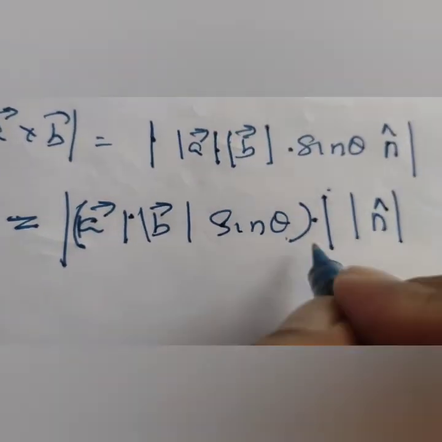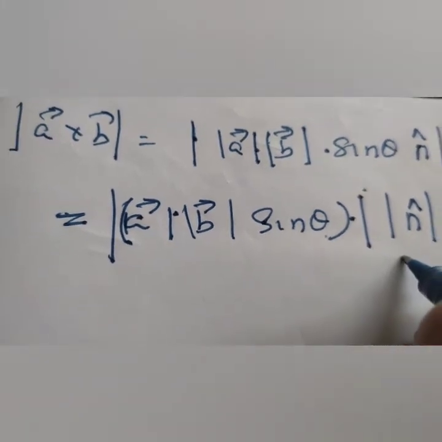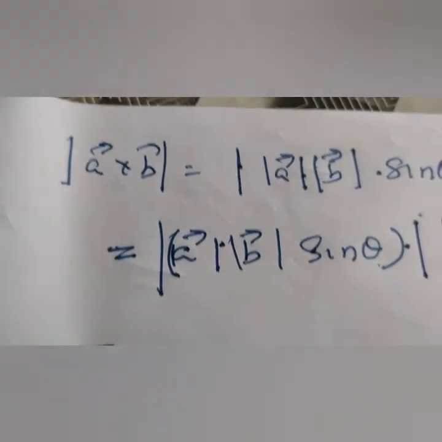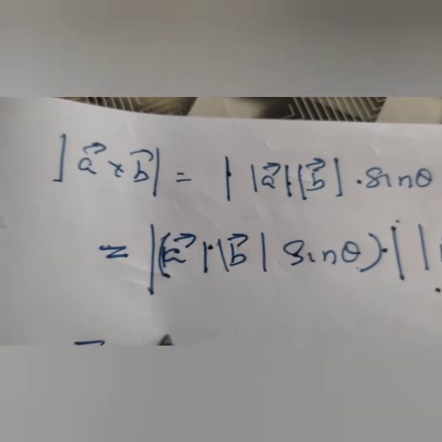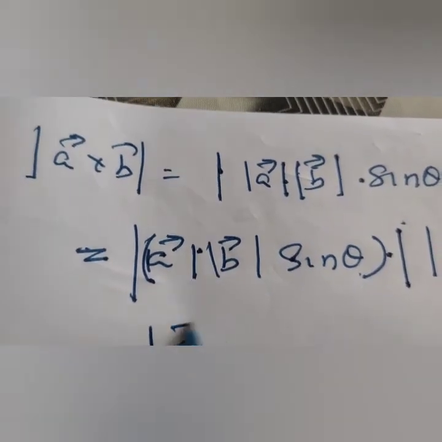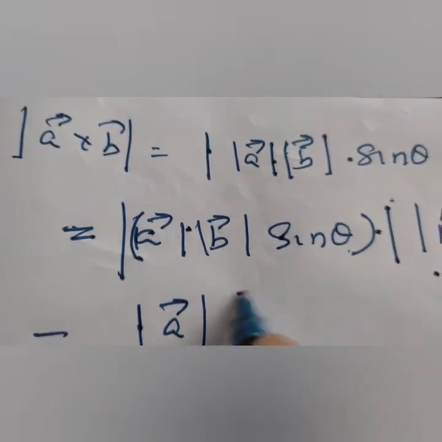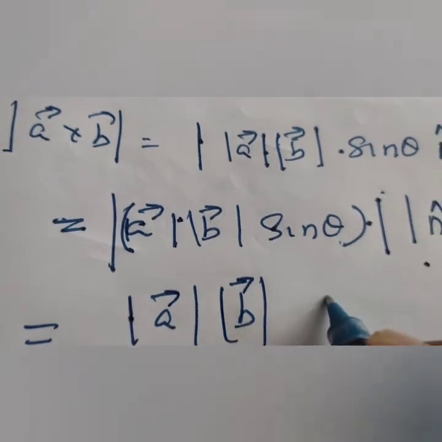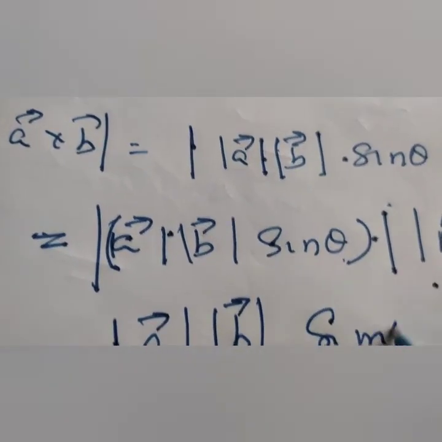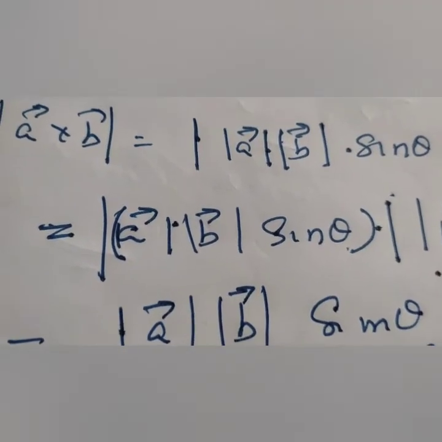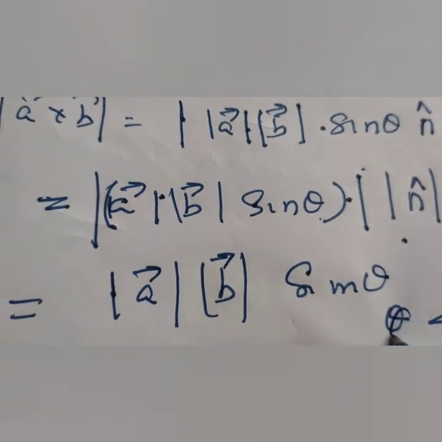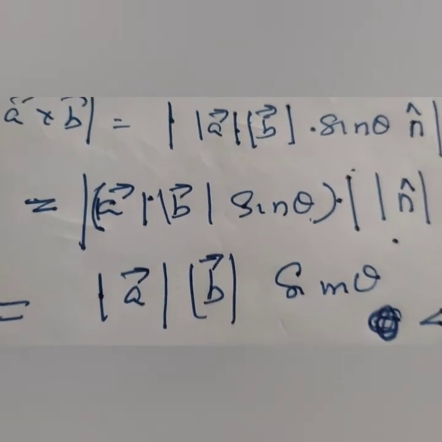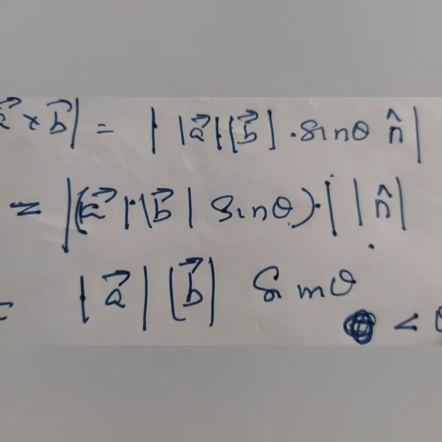What is the modulus of n? It's a unit vector, so it is 1. So you can write modulus of A into modulus of B into sin theta. Theta lies between 0 and 180 degrees.